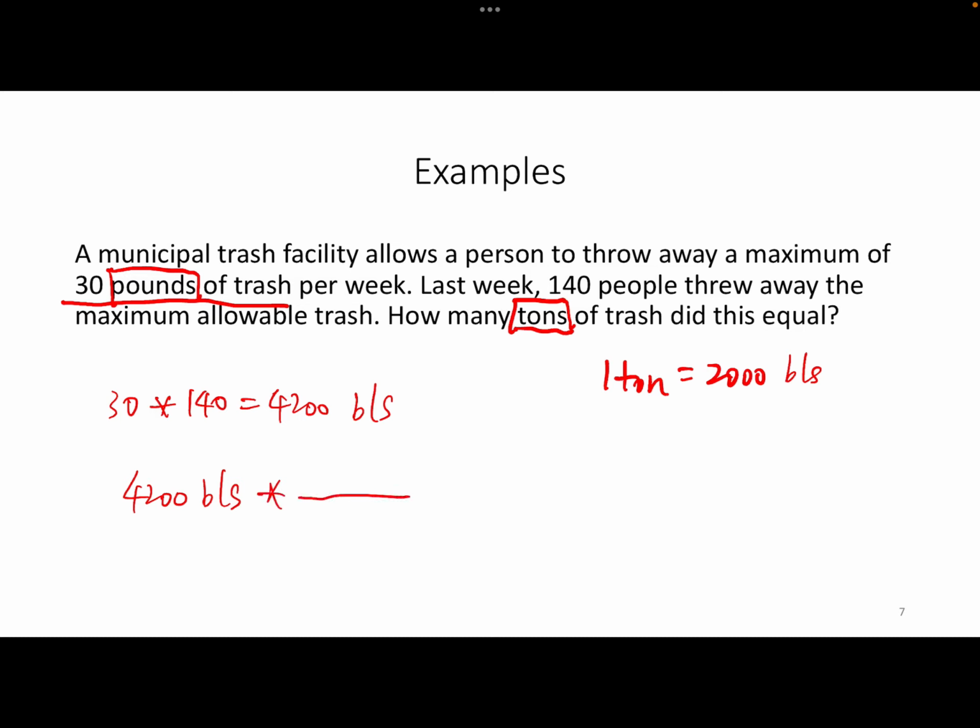We want to multiply by a conversion factor. The pounds is the undesired unit, right? So we put the pounds on the denominator and the ton on the numerator for the conversion factor. And then the pounds cancel, and 4,200 times 1 ton divided by 2,000, we get 2.1 tons. So this equals 2.1 tons of trash.